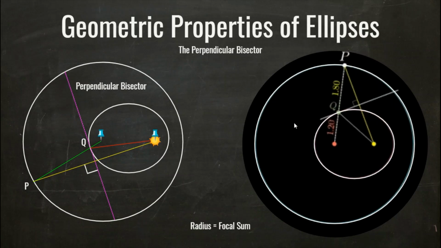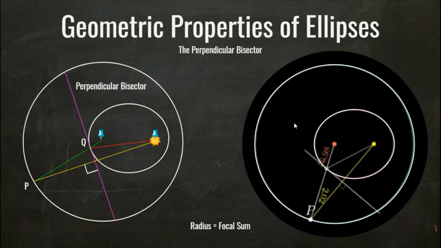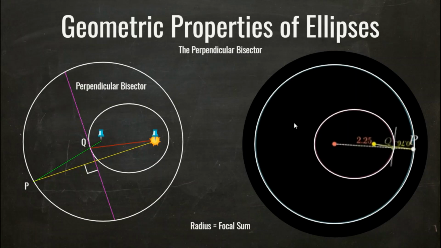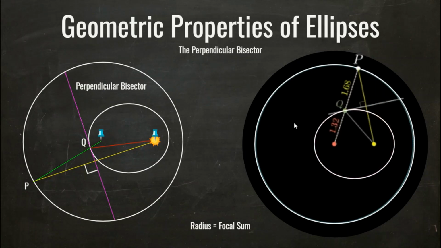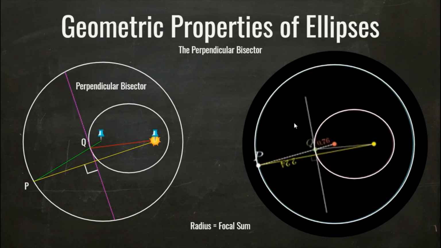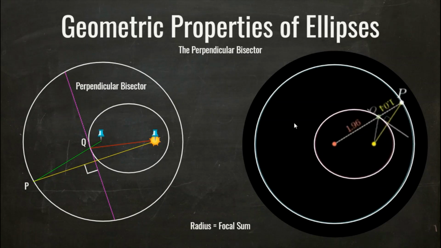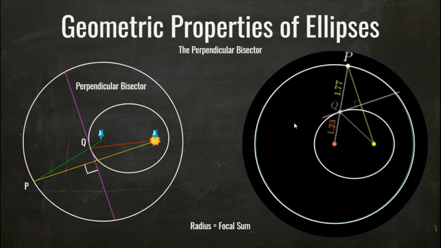Now, you might be asking, why do the focal lines have to meet on the point of tangency? In other words, why does the radius have to equal the focal sum for this to work? Well, simply because on the point of tangency, hence the point where the perpendicular bisector intersects the radius, the radius is just equal to the focal sum, right?